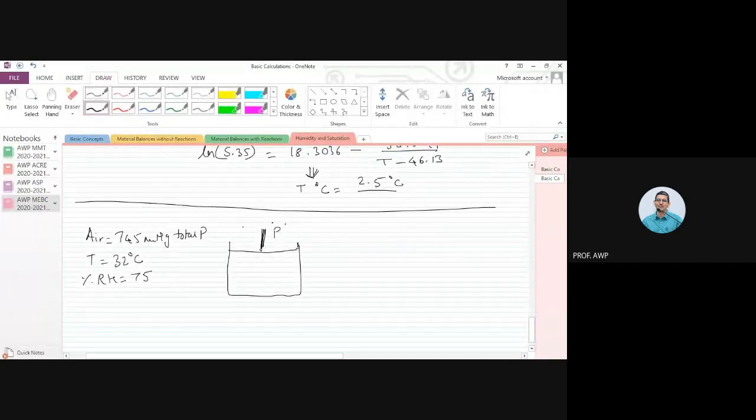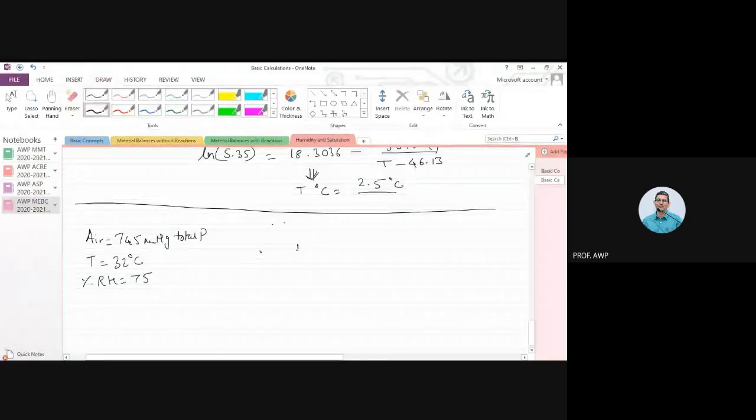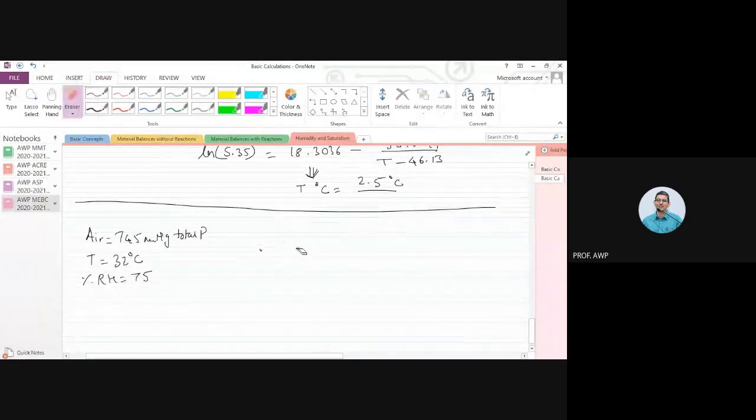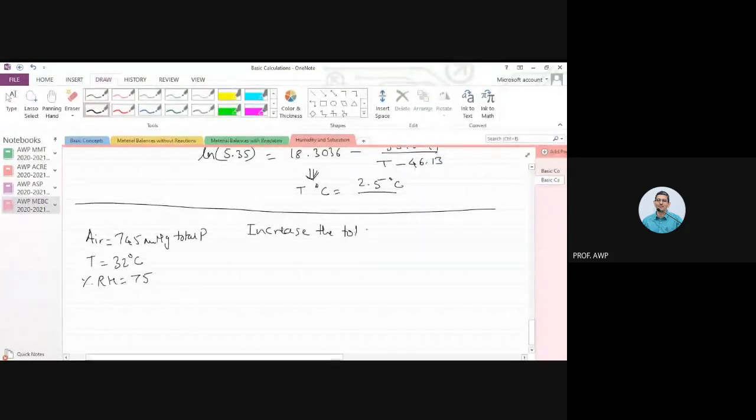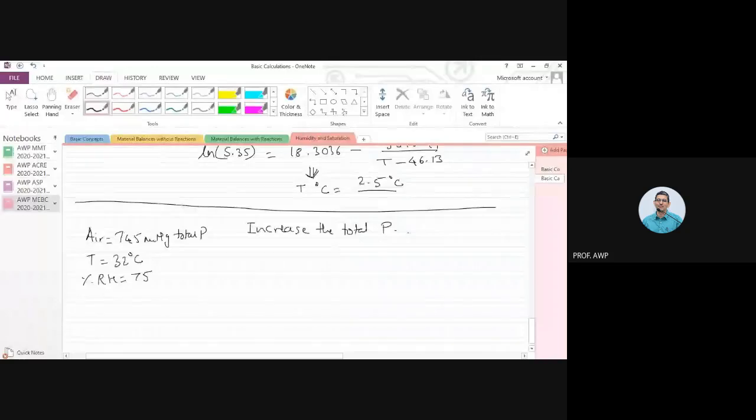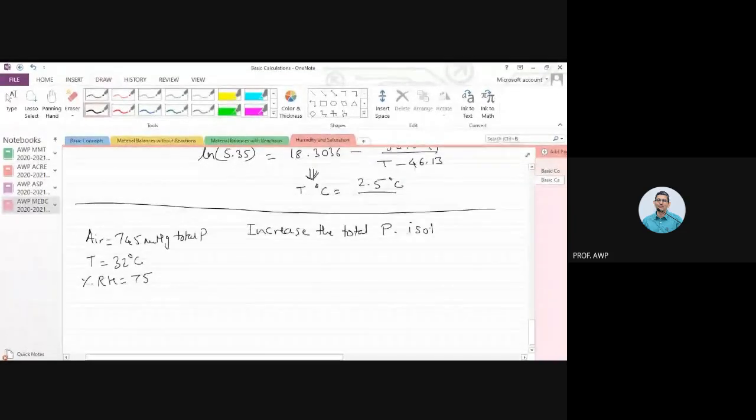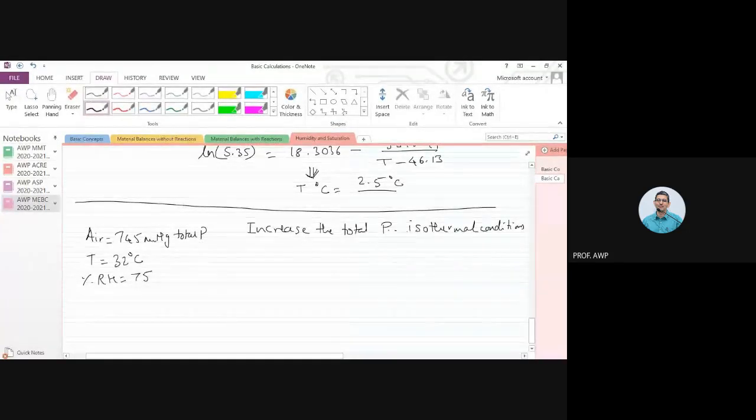I will put weights on this piston and increase the total pressure, under isothermal conditions. So I will maintain the temperature at 32 degrees centigrade, but we will increase the total pressure.